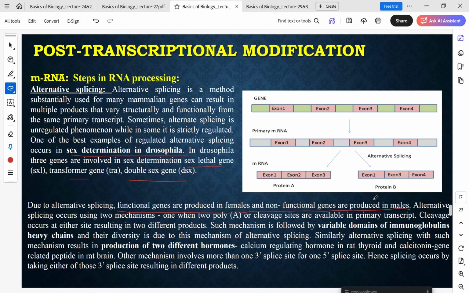This also happens in case of immunoglobulins, wherein there is a variable domain present. So some exons are kept and some are not kept, creating a very different immunoglobulin. This also happens in case of hormones, wherein a calcium regulating hormone, calcitonin, and the calcitonin gene related peptide are produced due to the splicing event from a single gene.